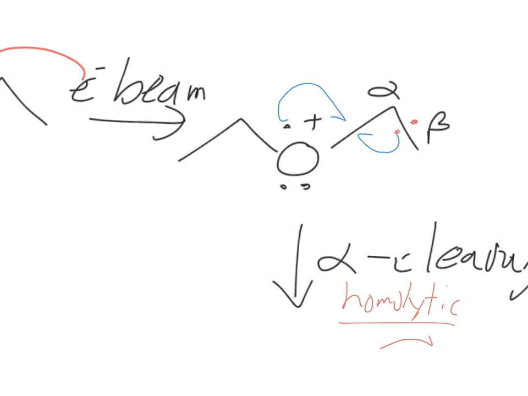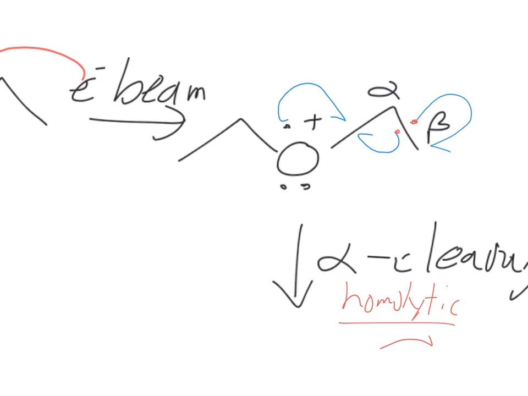That's going to form a new pi bond. How many electrons in a pi bond? 2. Double bonds have 2 bonds, hence the word double. One of them is a sigma, one's a pi. Here we're making a pi bond. How many electrons in any bond? 2. This other electron is going to go to the beta carbon, and that's going to be the radical.